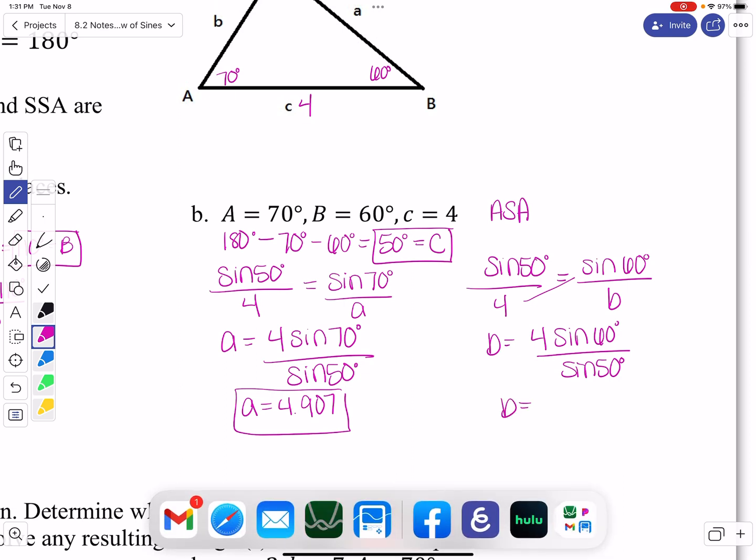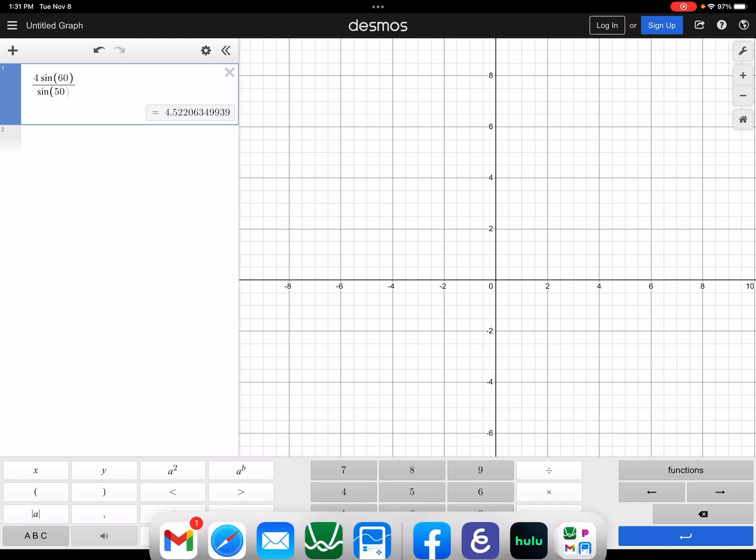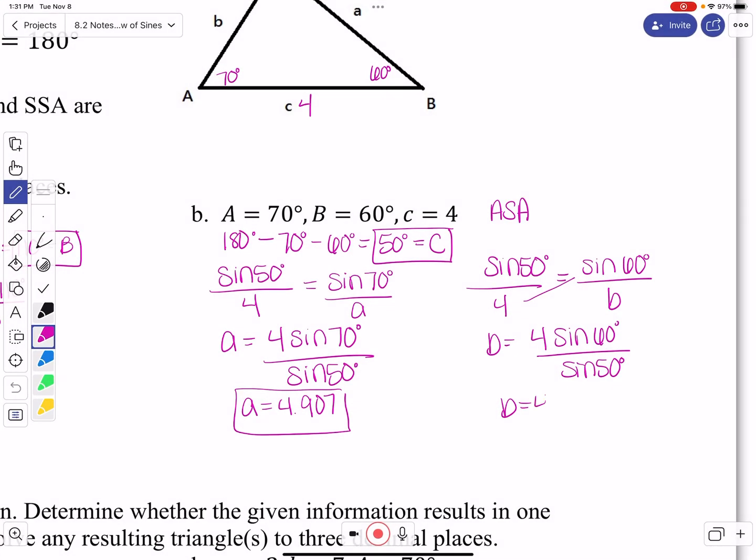So if I go back to Desmos, I can just change the 70 to a 60, and I'll get 4.522. So there are my 3 parts to that one.